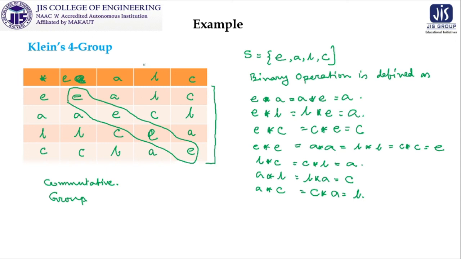So it is a commutative group, and we need to mention one term here, but it will be clear in the next class, that it is a commutative group of order 4. Keep it in your mind why I am mentioning this one.